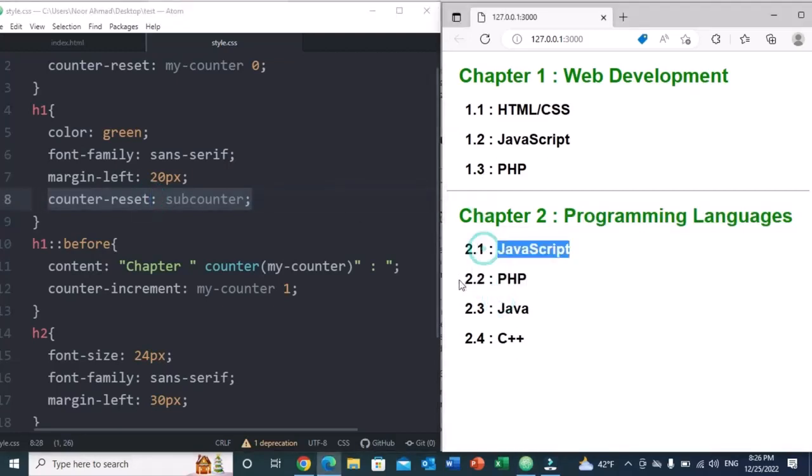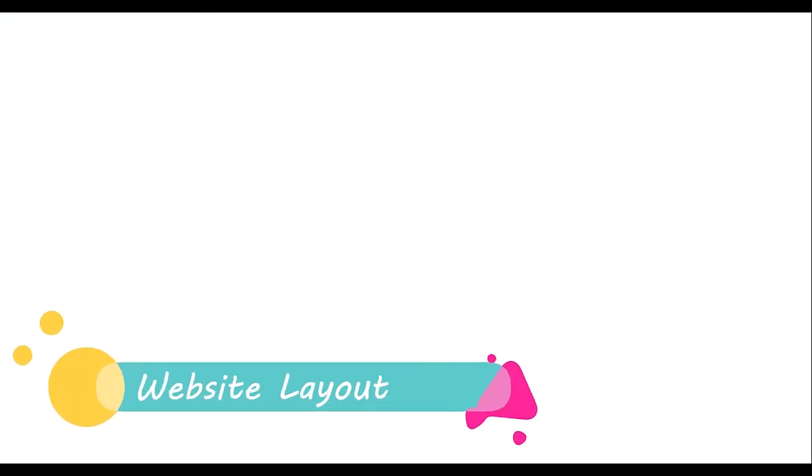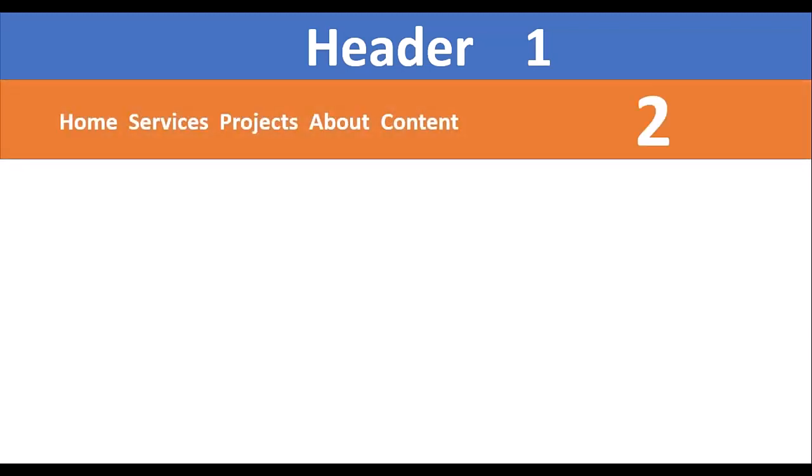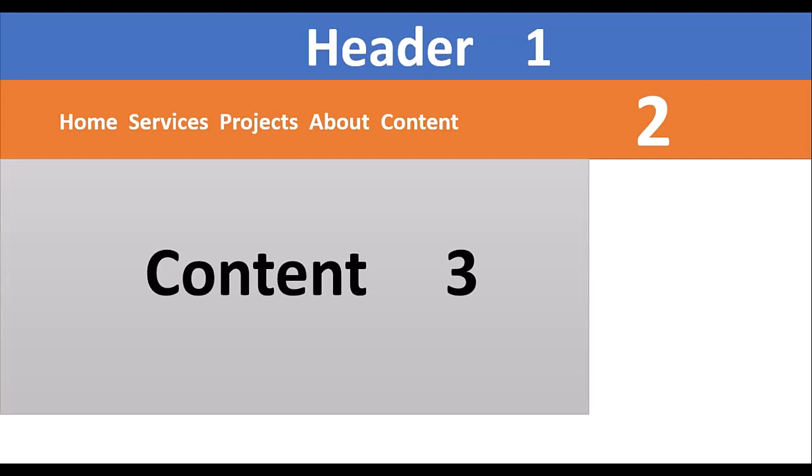So next, I'm going to talk about the website layout in CSS. The common website layout has 5 sections. The first one is the header, which is the logo section of your web page. The second one is the navigation bar, where visitors can navigate throughout your website. The third section is the content, where your main content is located according to the targeted visitors.